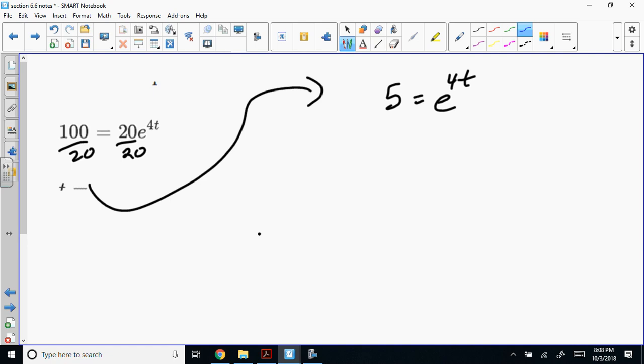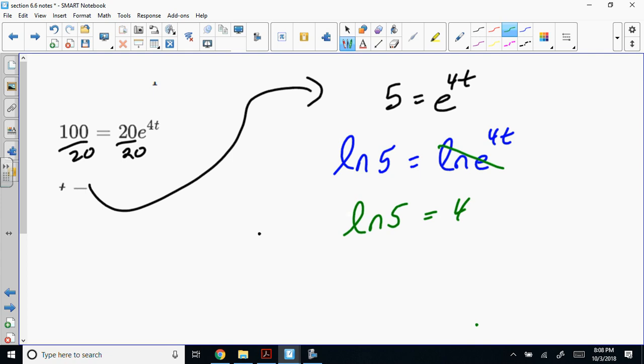You take the natural log of it. What you do to one side, you must do to the other. So I'm going to take the natural log of 5 equals natural log of e to the 4t. We know that these two cancel out, so natural log of 5 equals 4t, right? Then just divide both sides by 4. So t equals natural log of 5 divided by 4.